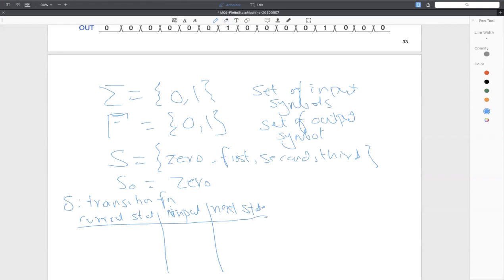Now, I have 4 possible current states and 2 possible inputs. So I have 8 possible cases. Too many of them for me to draw out here, so I'm not going to do all of them.